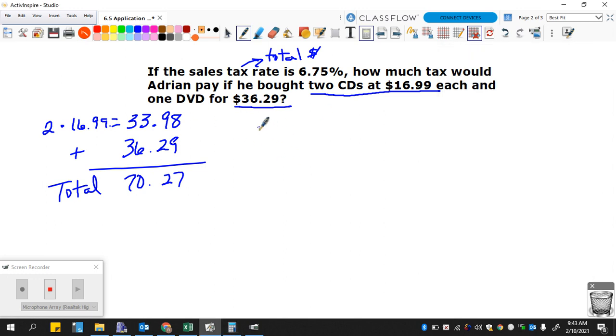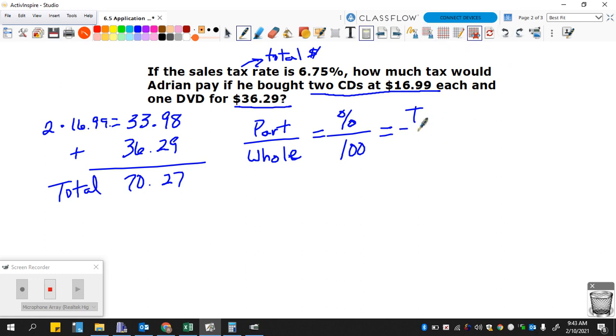Part divided by whole is equal to percent over 100. The part is the tax, so I'm just going to leave it as T for tax.